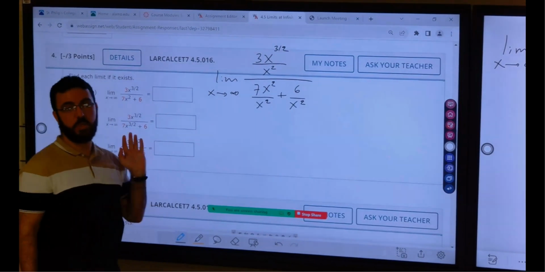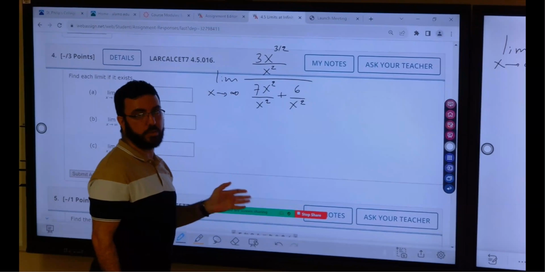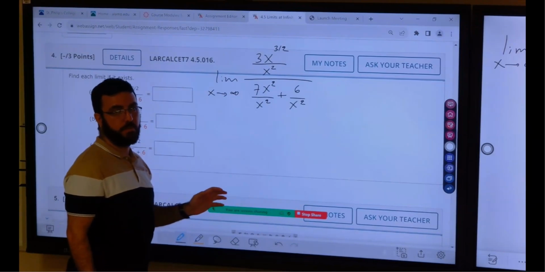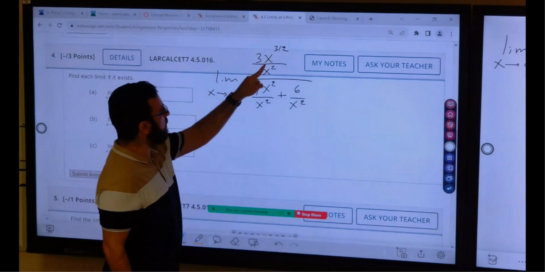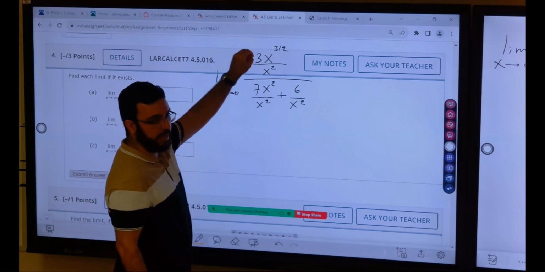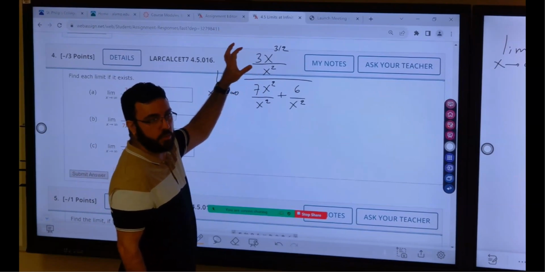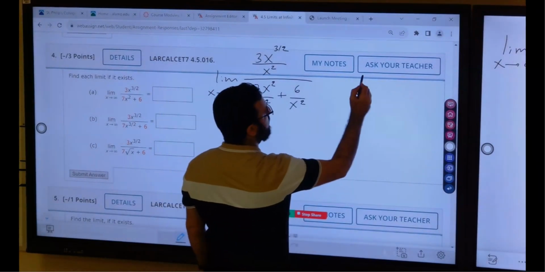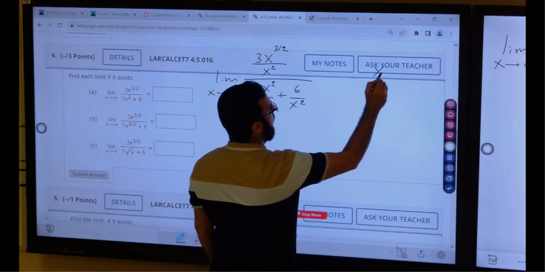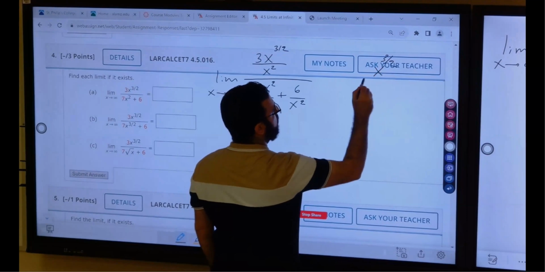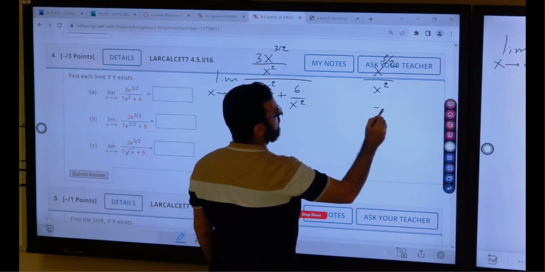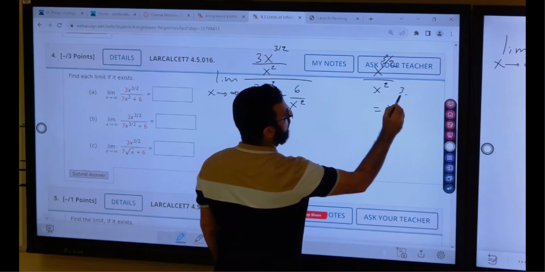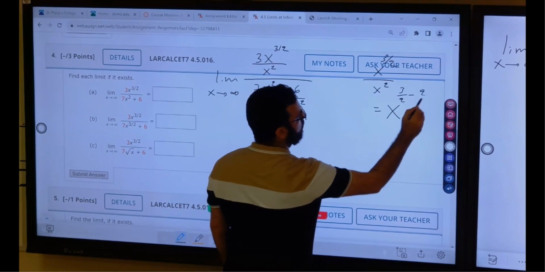We divide two exponents. What are you going to do to the exponents? Yes, so it's going to be this one minus this one. So I need to combine everything here, so I can tell where the limit goes. Because that's the important part. So you're going to say x to the 3 over 2 divided by x squared is x to the 3 over 2 minus 2.